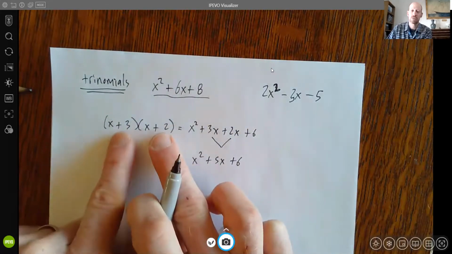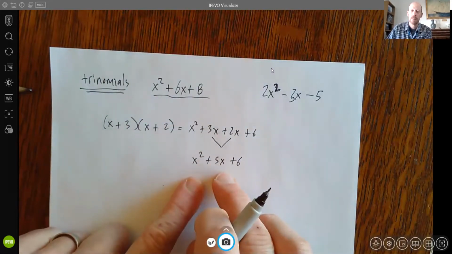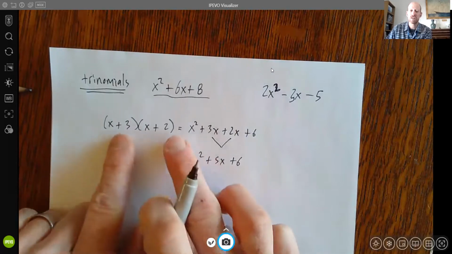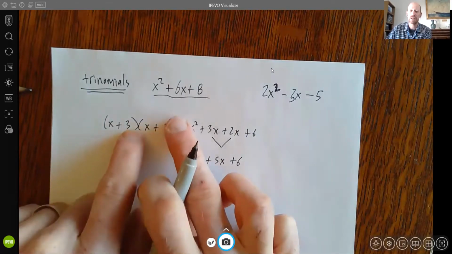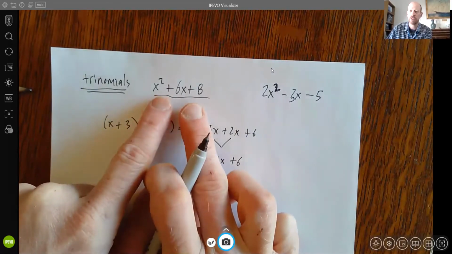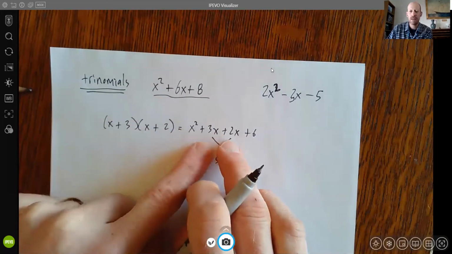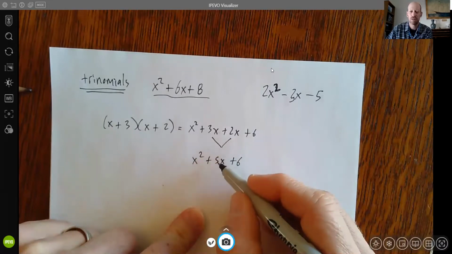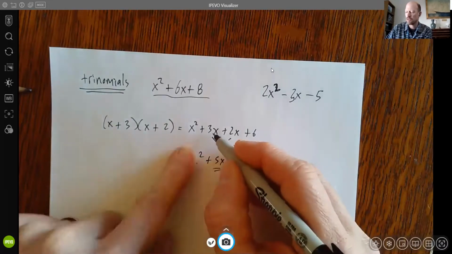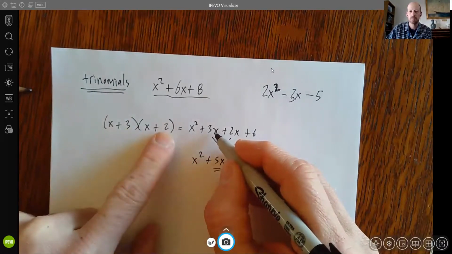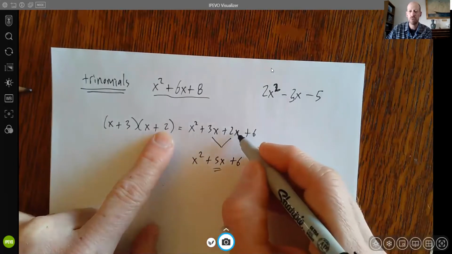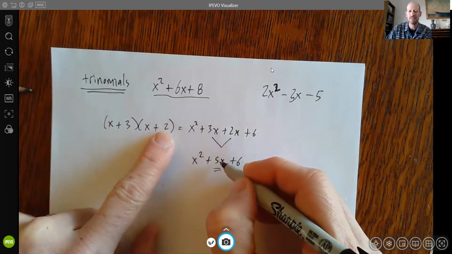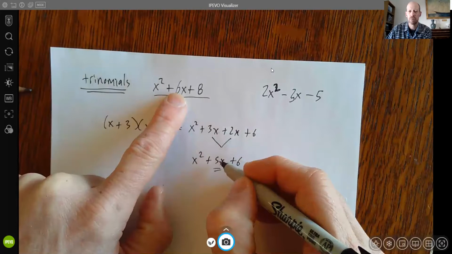Obviously this wasn't quite the right one, but we could imagine that if we change the numbers around, it might be able to equal this. The way to change the numbers is to notice what's happening with these pieces. The 2 and the 3 here created the 2x and the 3x, and those add together to give me this middle term.